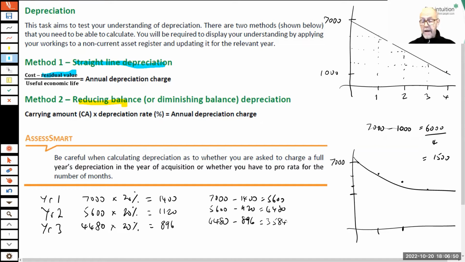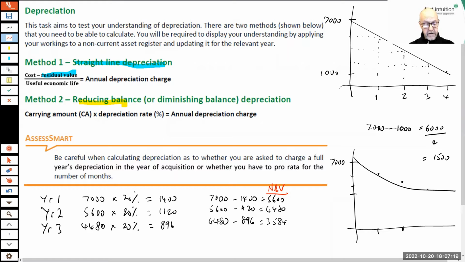With reducing balance, there is no need to know the residual value, because the asset is going down at a set percentage of its net book value at the end of the previous year. So there is nowhere in the calculation to use the residual value.